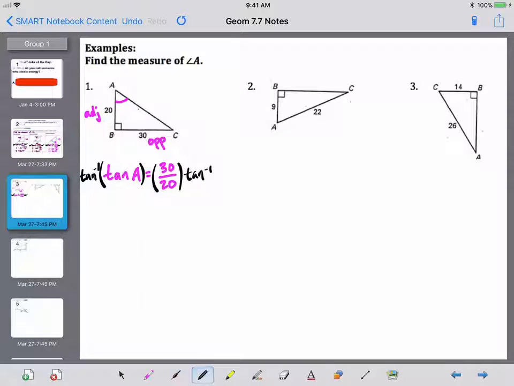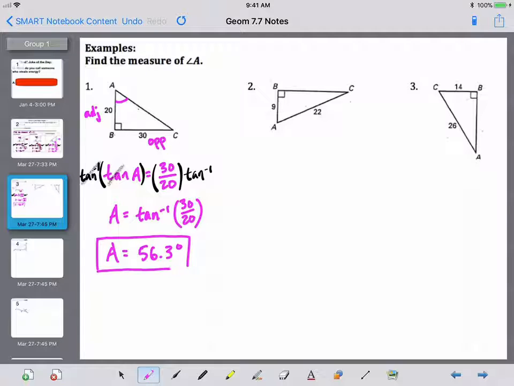So tangent inverse and tangent cancel out, and we will be left with A equals the inverse tangent of 30/20. Go ahead and plug that in a calculator, and you should find that the measure of angle A is 56.3 degrees.